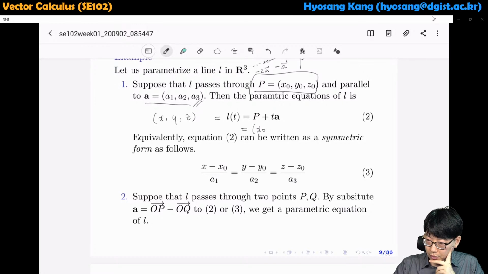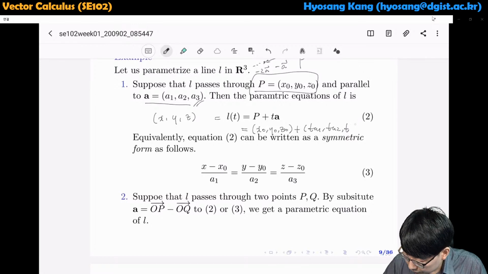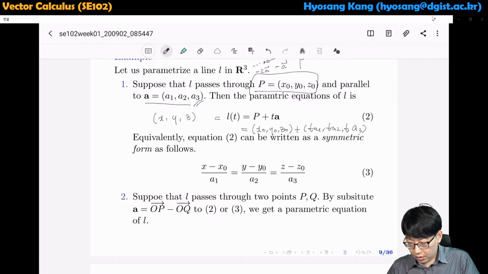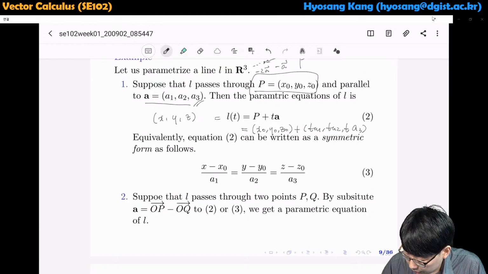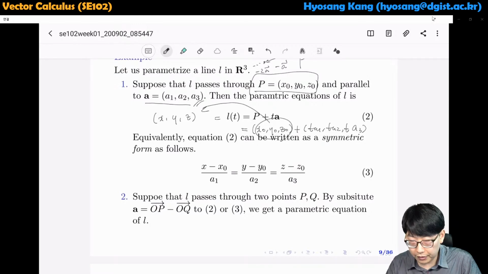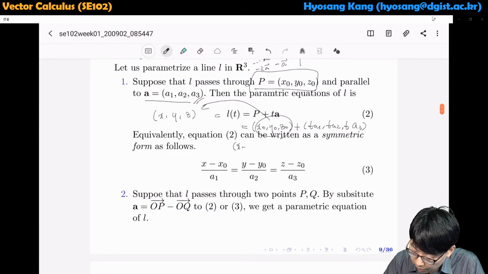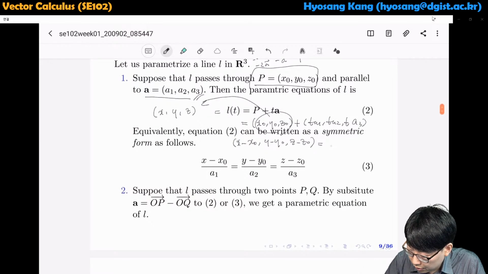We have x0, y0 and z0 plus t a1, t a2 and t a3. If I take this x0, y0, z0 to the left-hand side, what I get is x minus x0, y minus y0, z minus z0 equals t a1, t a2, t a3.